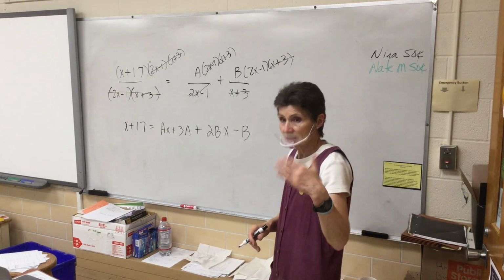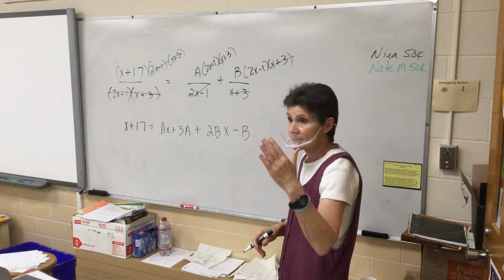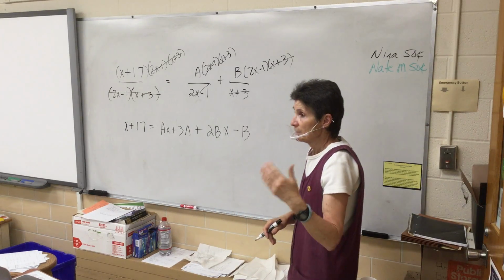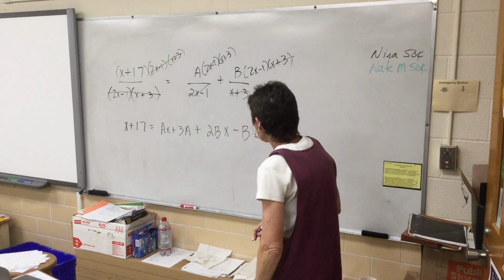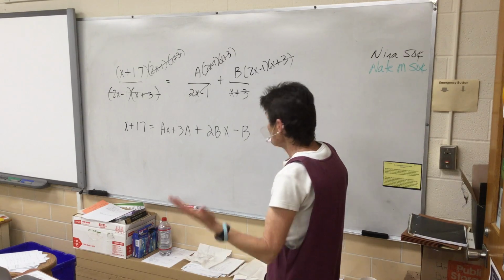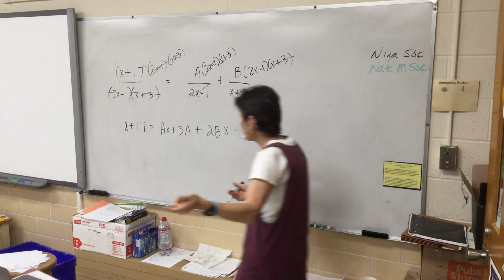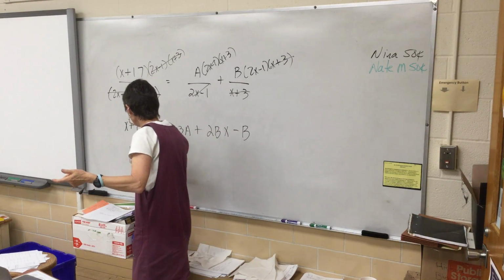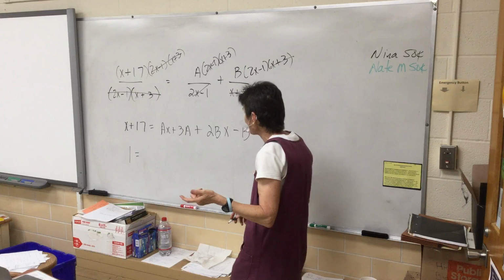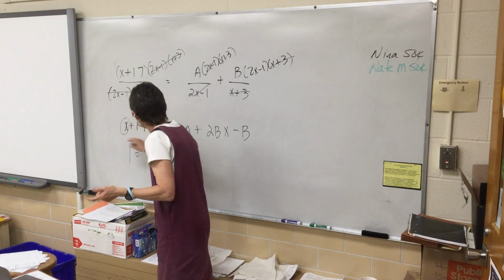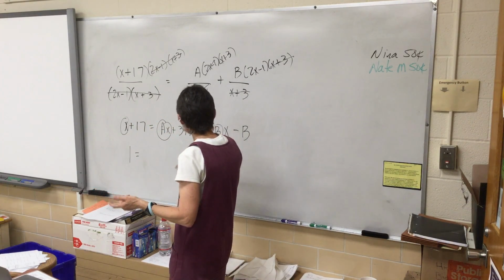Everybody keeping up with this? Is this okay with everybody? You need to stop me if it's not. Okay, all right. So now, keep in mind this is an equation. So the x's on the left, which is 1, have to equal the x's on the right, which are a plus 2b.